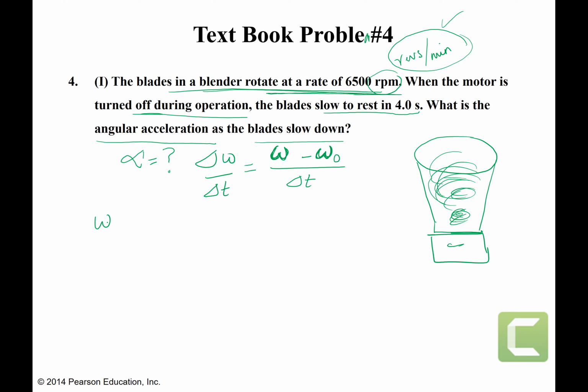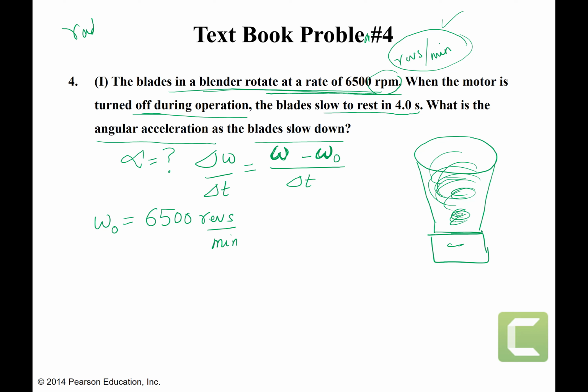Angular speed is given. So omega naught is given in a strange form. It's given as 6,500 revs per minute, which can also be read as RPM. So my job is to convert it into radians per second.